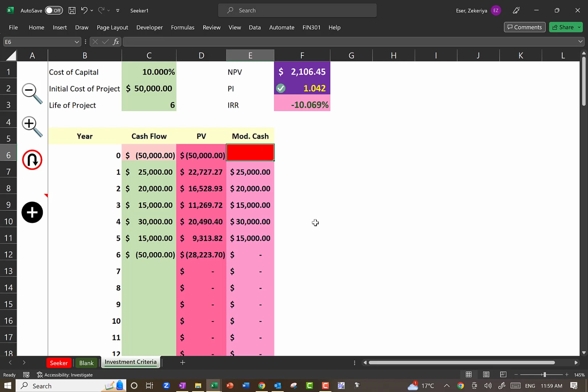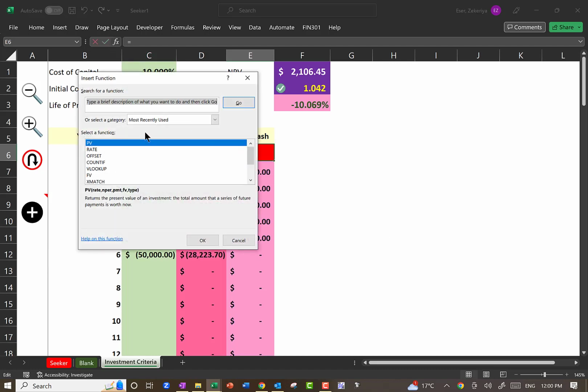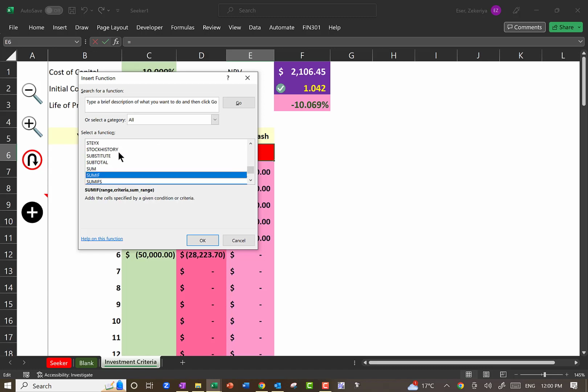On this one, what I'm going to do is add the present values of the years that have negative cash flow. And we have a nice little function in Excel. It's called SUMIF. Let me actually go from the function helpers. SUMIF.